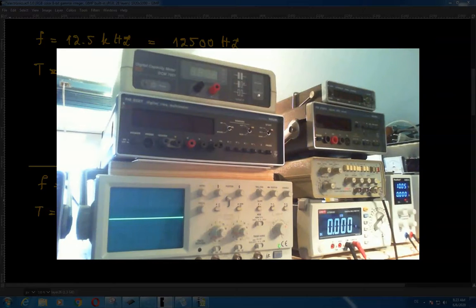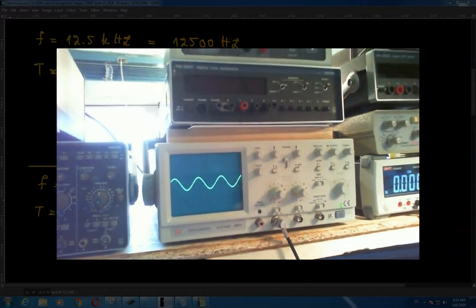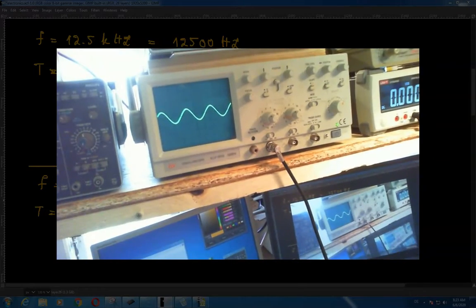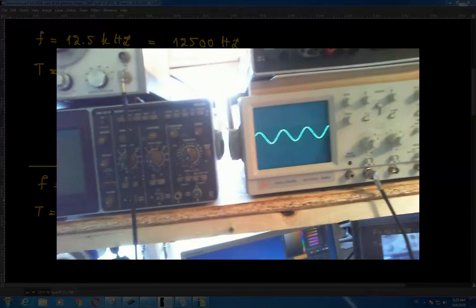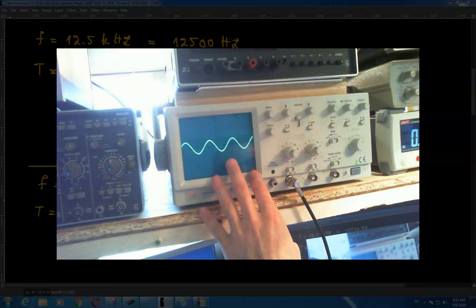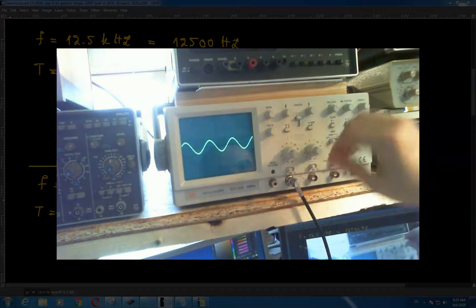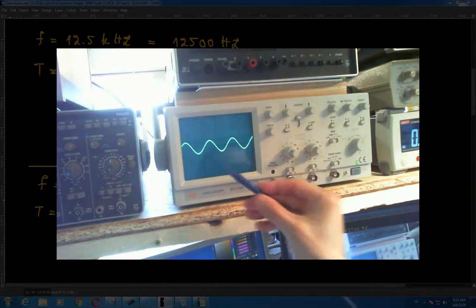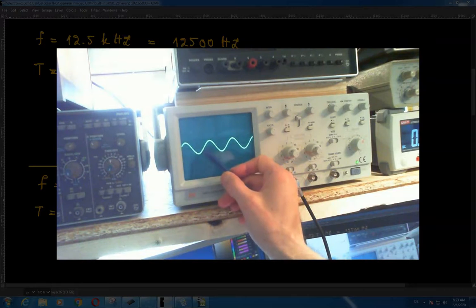Now let's calculate the frequency using the oscilloscope. So on the oscilloscope you have your signal up here. You see that one complete cycle occurs from here all the way up to here, between this point and this point in time.